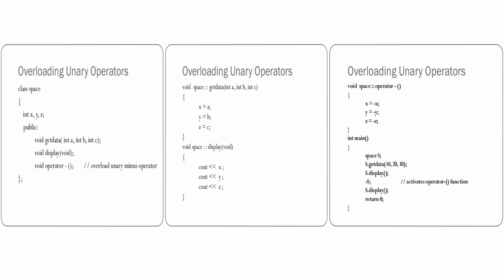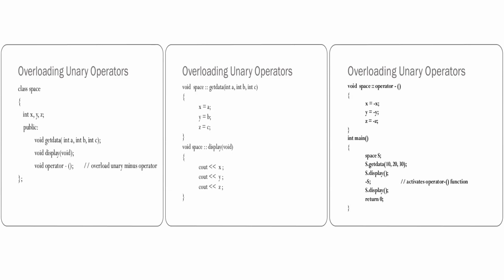Now look at main. We have created an object, space s. With the help of that object, I am calling my function get data. So s dot get data, I am sending the values 10, 20 and 30. 10 goes in a, 20 goes in b, 30 goes in c.